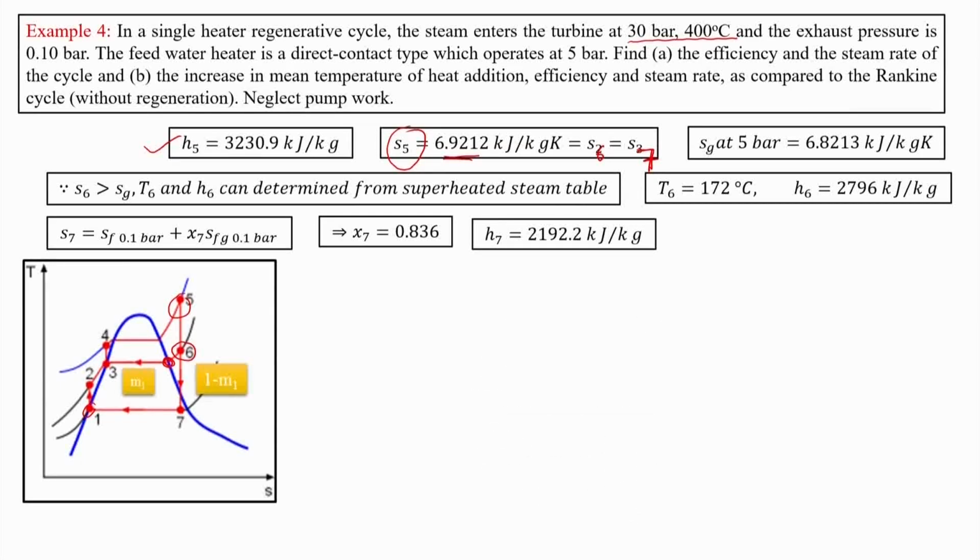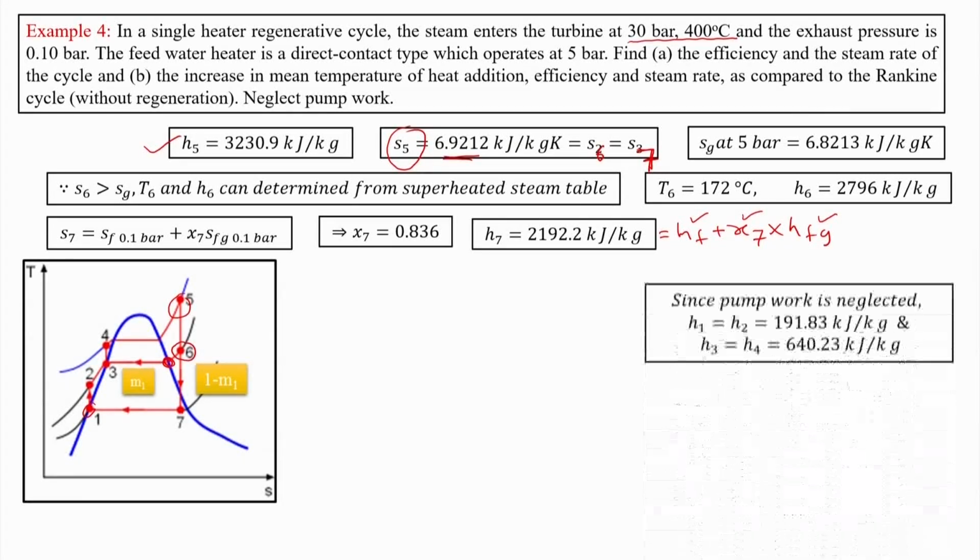This would be helpful to find out H7, since H7 is equal to HF at 0.1 bar plus X7 into HFG at 0.1 bar. So this is our H7. HF and HFG are known at 0.1 bar, and X7 is known from the previous step. So this is how we evaluated our H7.